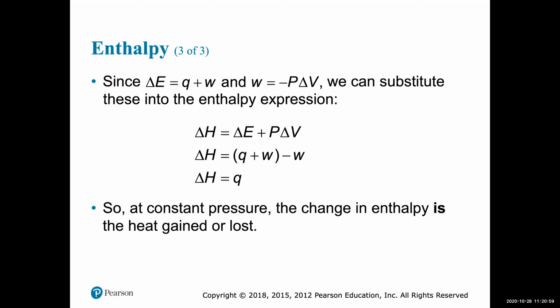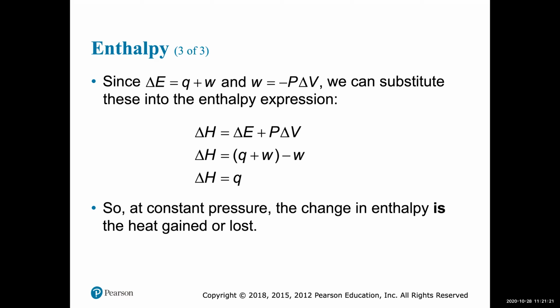Since delta E, we said, is equal to Q plus W. In other words, delta E is equal to heat plus work. And we also said that work is equal to minus P times that change in volume. We can substitute these things into the enthalpy equation.